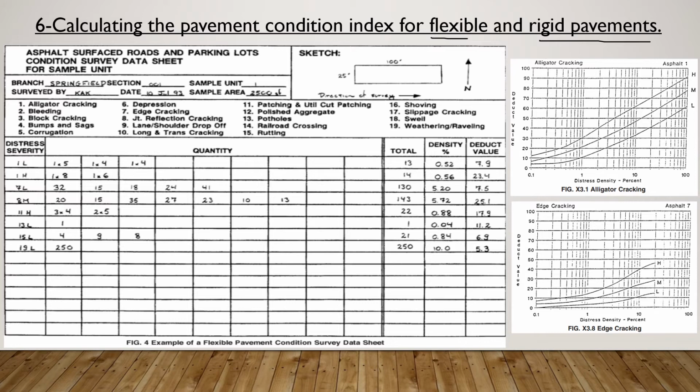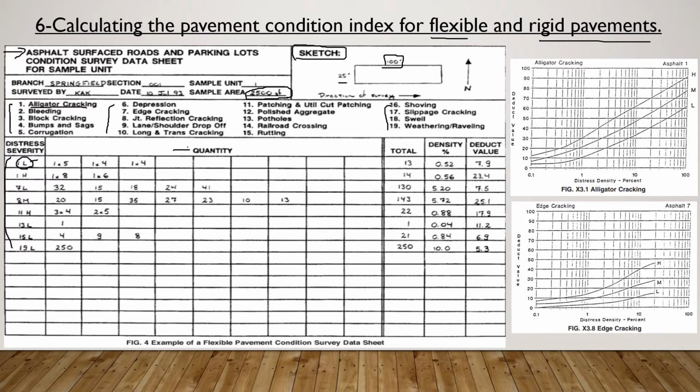This is a typical calculation sheet for asphalt surface roads. Here we are given the 19 distresses defined by the ASTM. Here you draw your sample size, that was 25 feet multiplied by 100 feet, which means that the area is 2500 square feet. And here you start to write down your distresses. For example, 1L means that you have alligator cracking, and L stands for low severity.